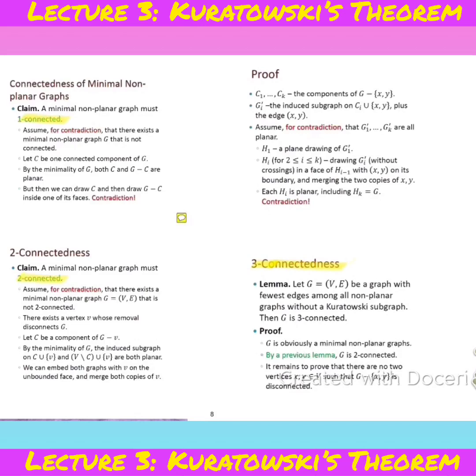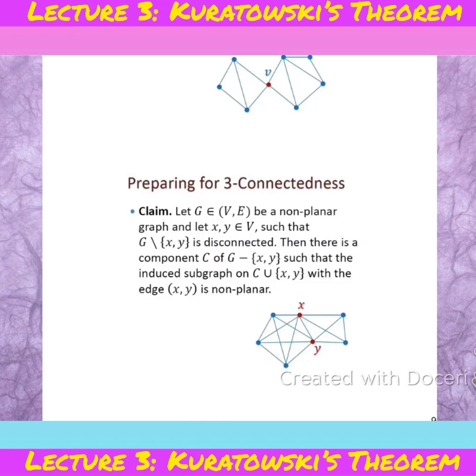So we're going to take the graph G, which is assumed to be the smallest counterexample with respect to the property that it has no Kuratowski subgraph and it is non-planar. We're going to prove the following first claim. Remember G is a non-planar graph, and let's say it is not three connected.